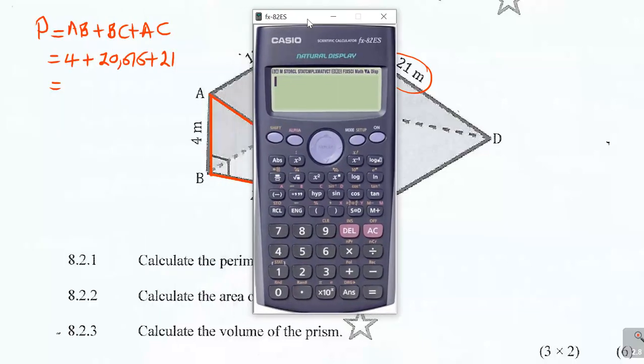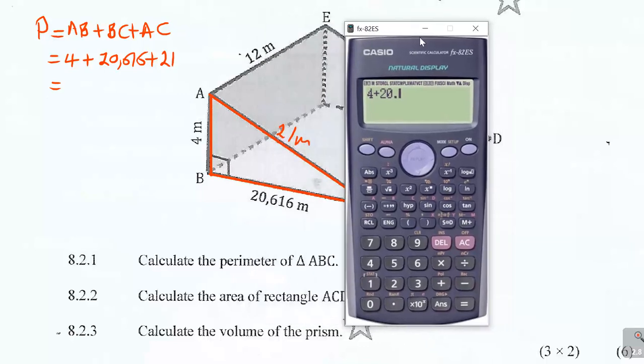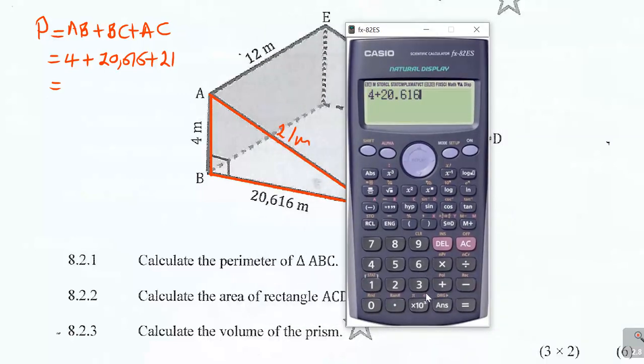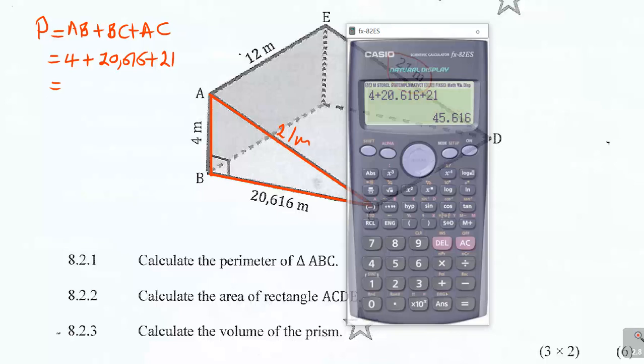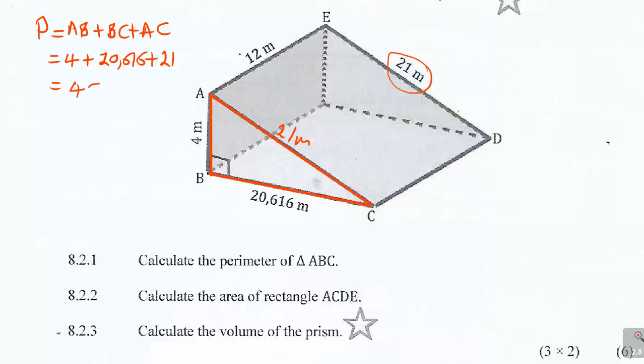Let us solve that, which is 4 plus 20.616 plus 21. It gives me 45.616. Remember, it's meters because we're dealing with meters. That's the perimeter of ABC.